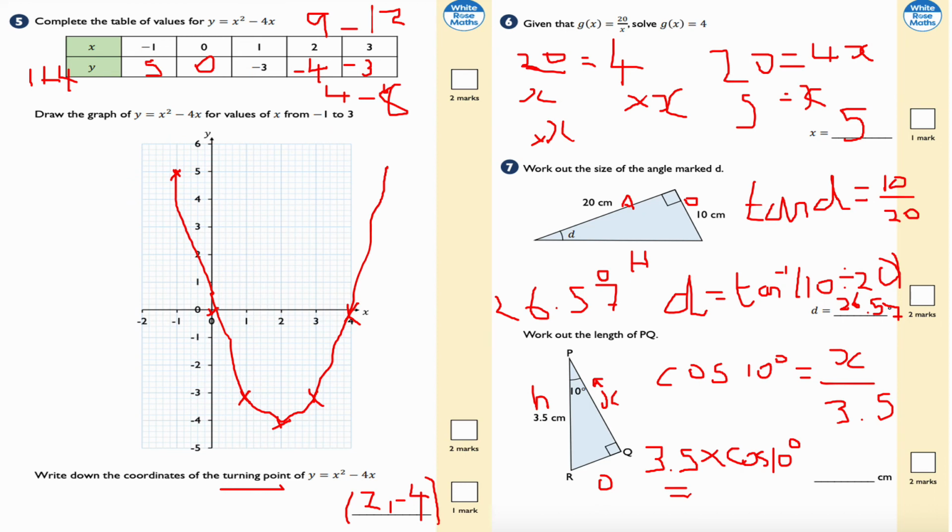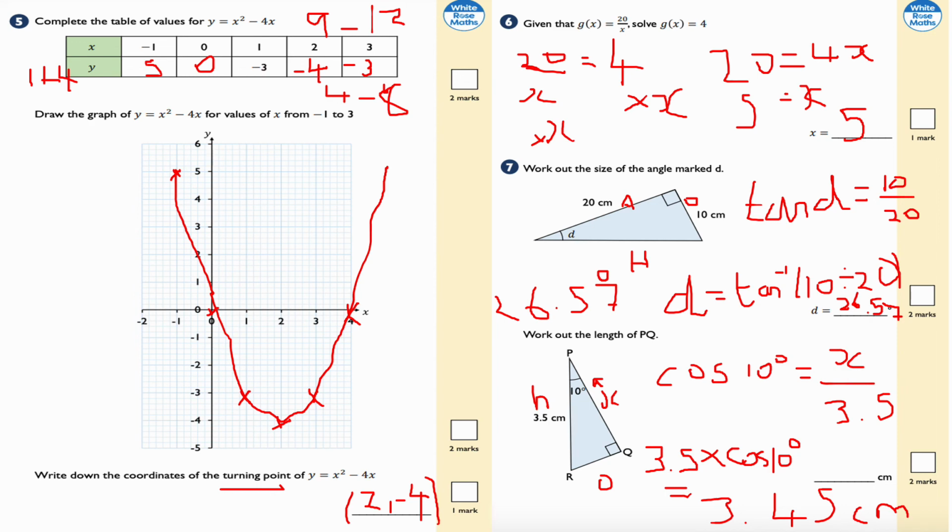The answer I get is 3.45 centimeters to 2 decimal places.